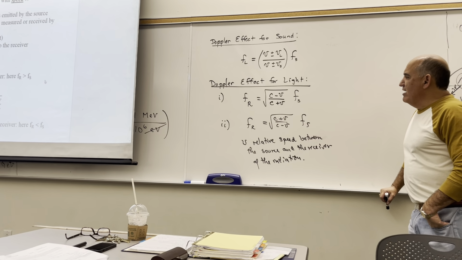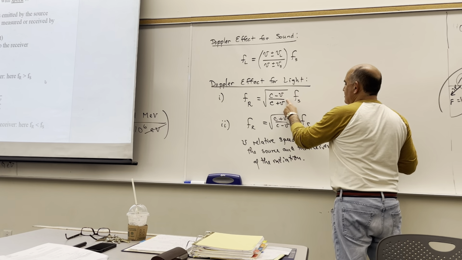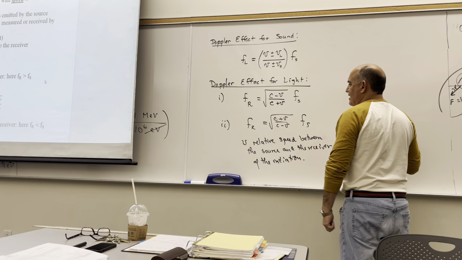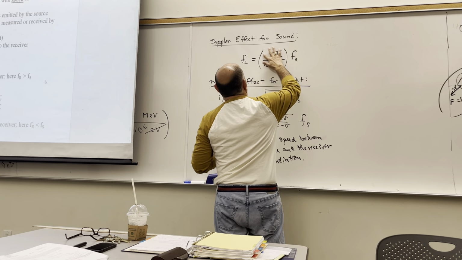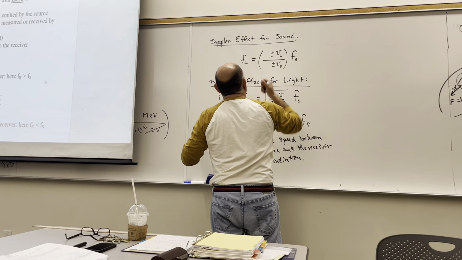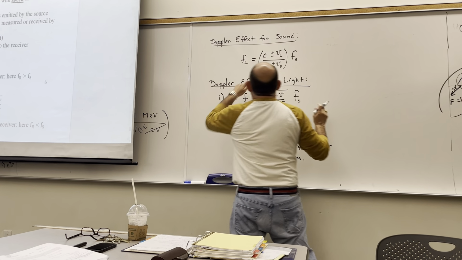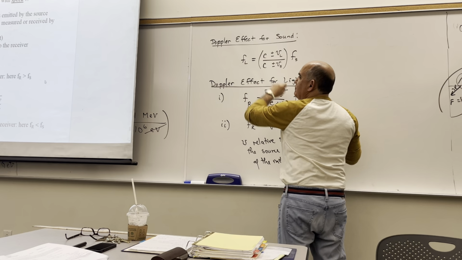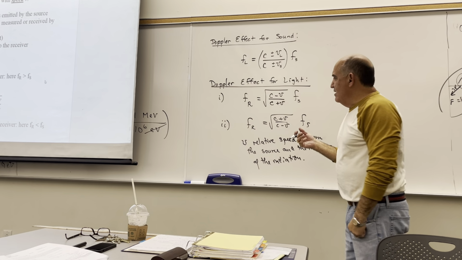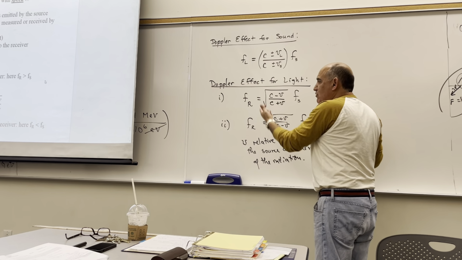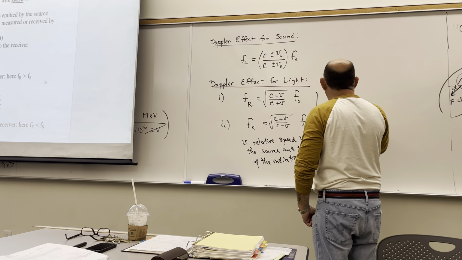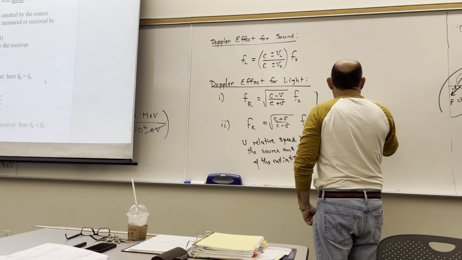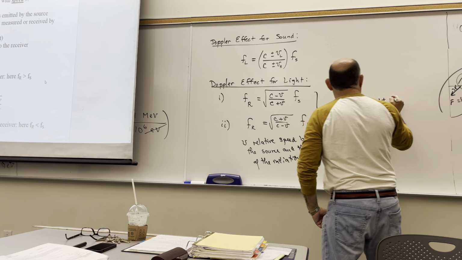So you either have this case or this case, and C is of course the speed of the light, the speed of the wave. So I prefer to write the Doppler effect like this. And then C over here represents the speed of sound, the speed of the wave. And C over here, this is the speed of the wave, but in this case it's light. So in this context, C is the speed of light, the wave.